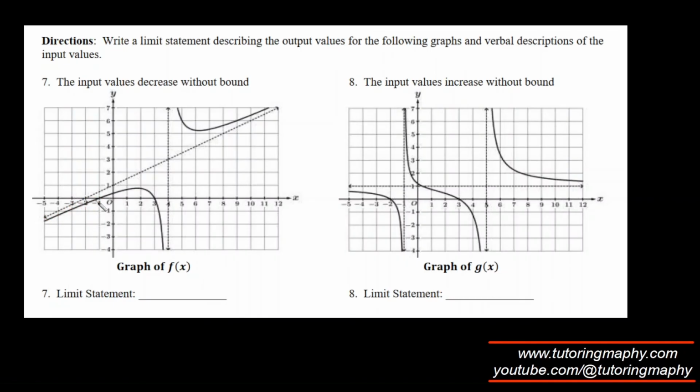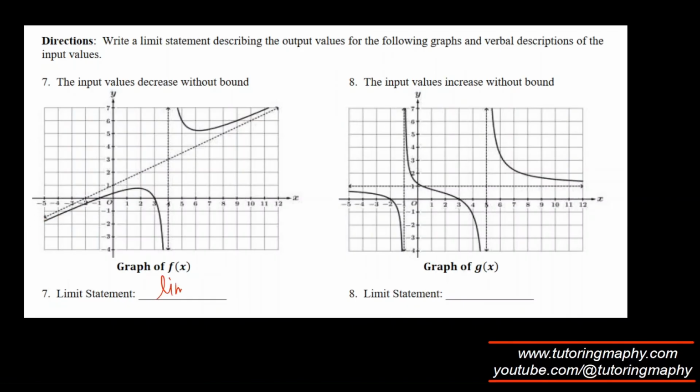But eventually, what is the y value? Because they are asking what is the output value. It is getting flattened about the slant asymptote, but the y value just keeps going on and on to negative infinity. It's going down, it's descending.